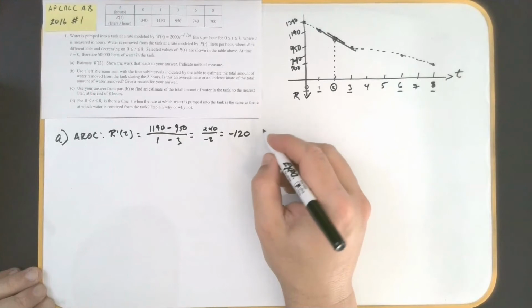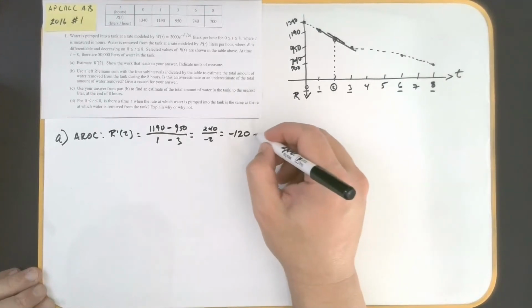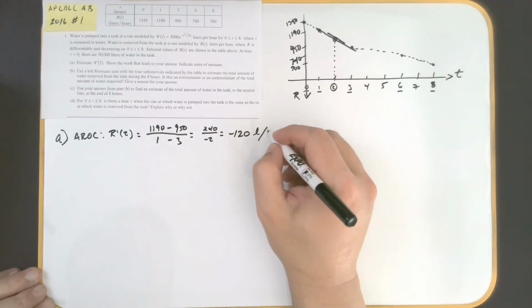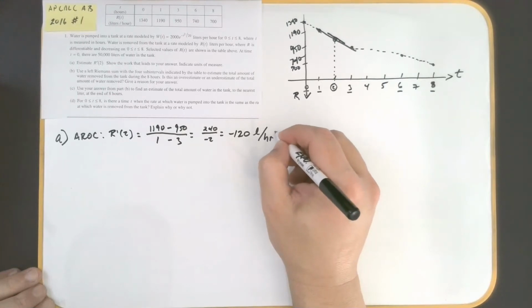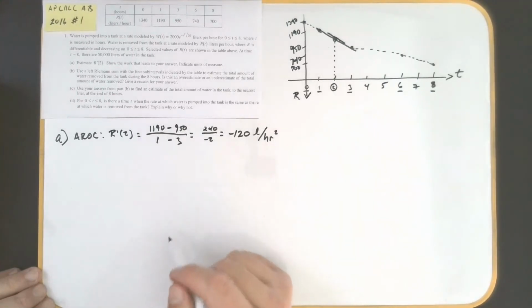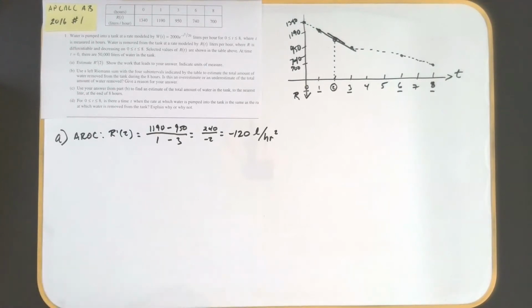So this is negative 120, and this was in liters, so I'll just put an L, and this was liters per hour, and I'm going to put hour squared. Technically, it's liters per hour, and you have to remember always when you take the rate of a rate, or the derivative of a rate, you are going to have time squared. So there's A.